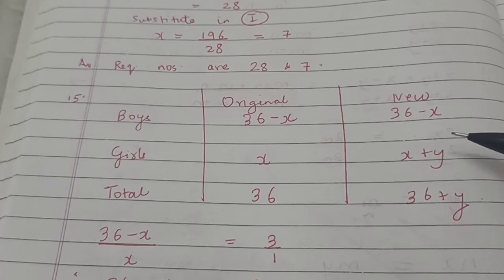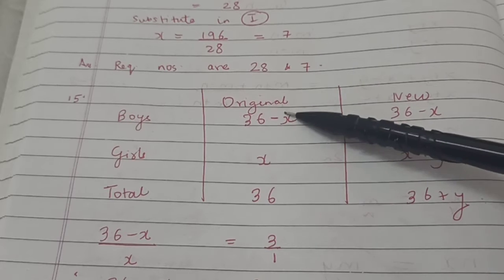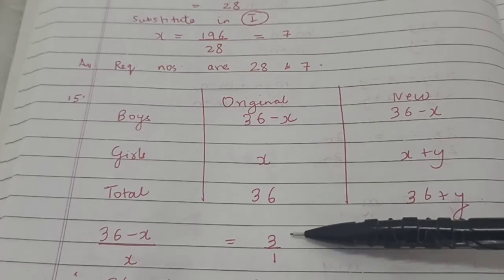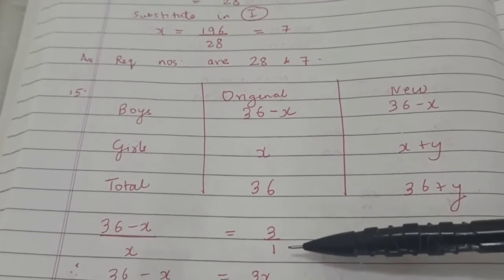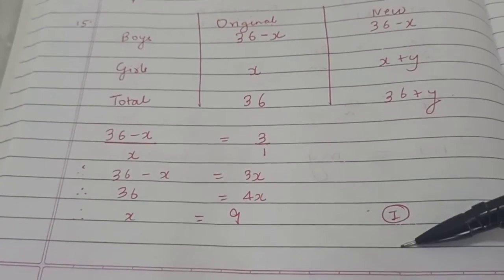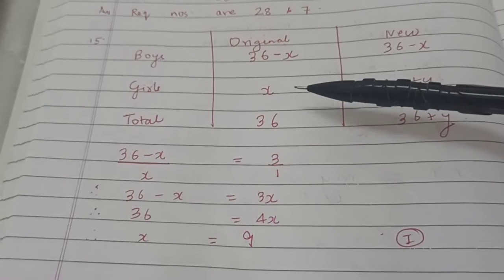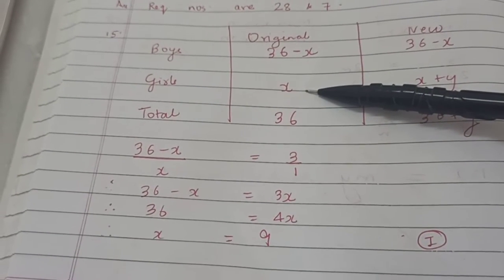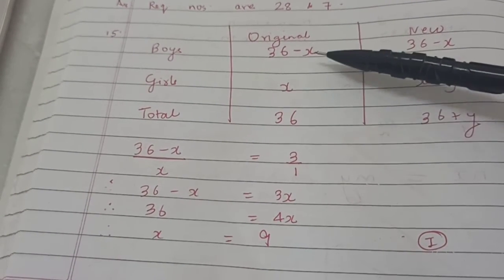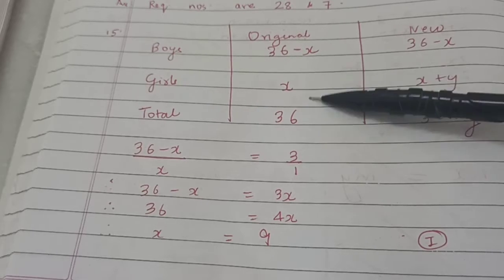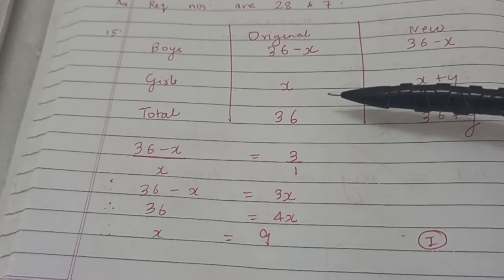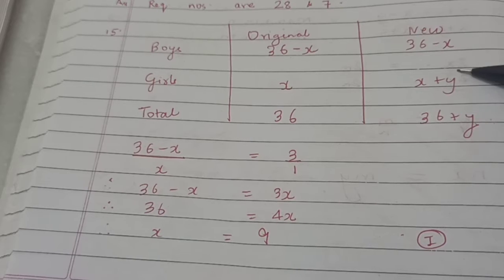Now, the ratio of boys to girls originally was 3:1. If we cross multiply, we get the value of x, which is 9. So originally the number of girls was 9, and originally the number of boys was 27. That's why the ratio is 3:1. But we have to find the value of y.